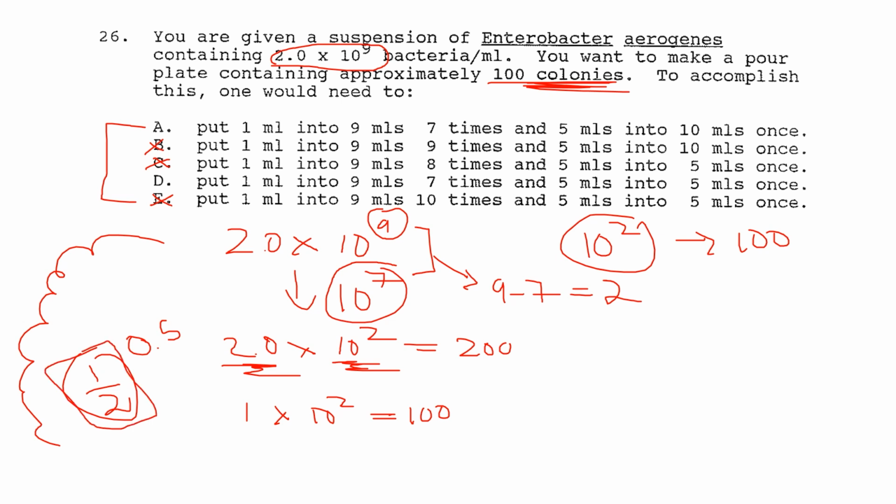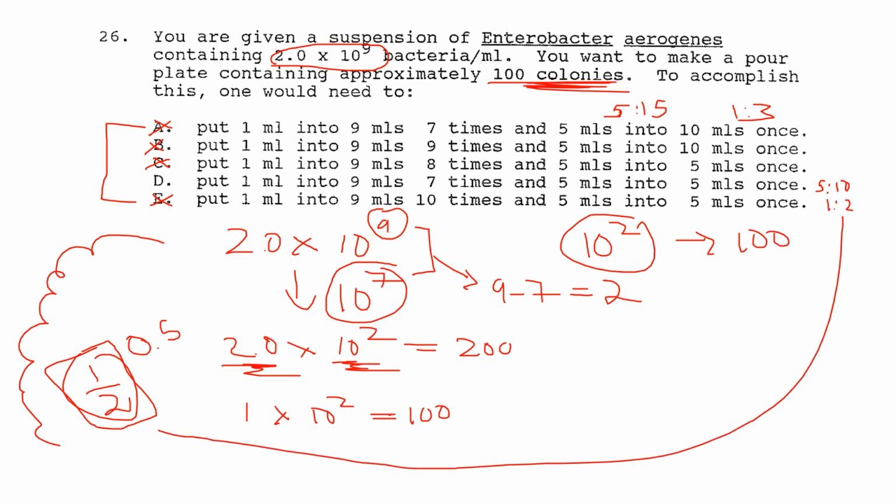So we can look at A. This is 5 into 10, so our total volume is 15. So 5 into 15 obviously isn't 1/2, it's 1/3. So A is not right. And we can just verify that D is right because 5 plus 5, so we have 5 into 10, and that's 1 into 2, which is the dilution factor we were looking for, right? So D is correct.